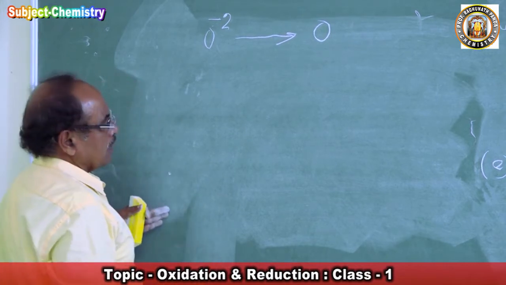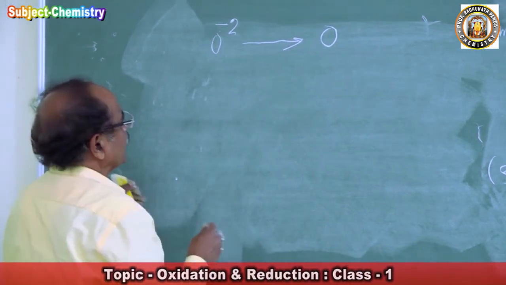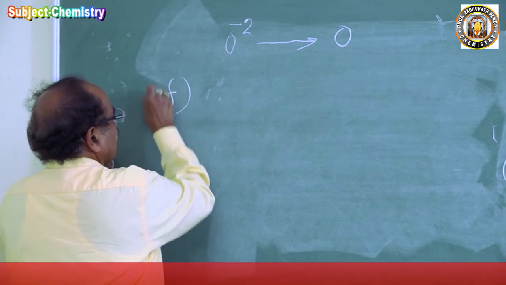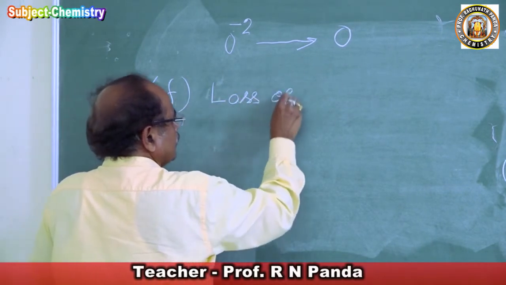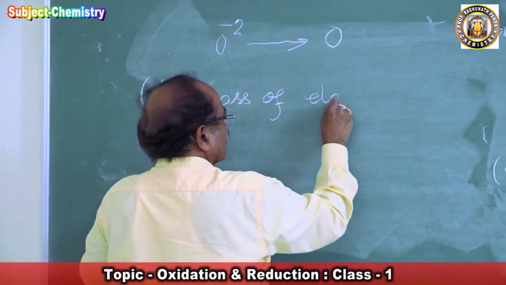Now the very important thing: all these can be put into one, that is any loss of electron.